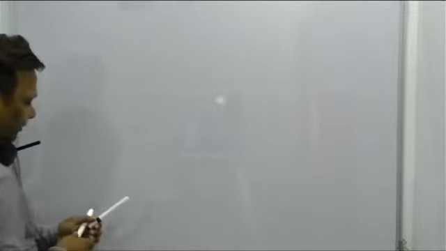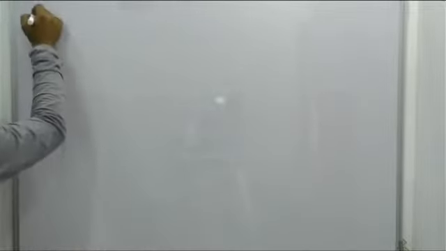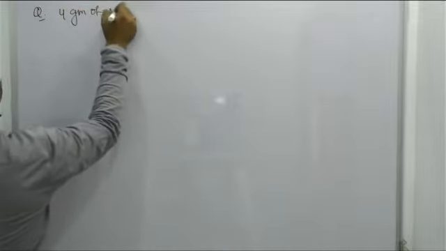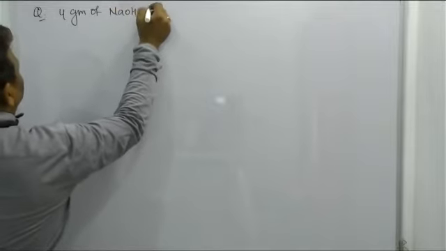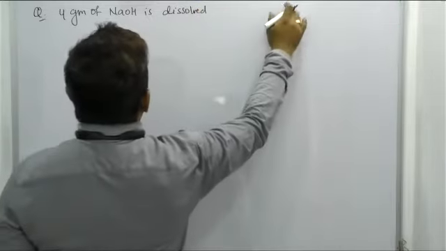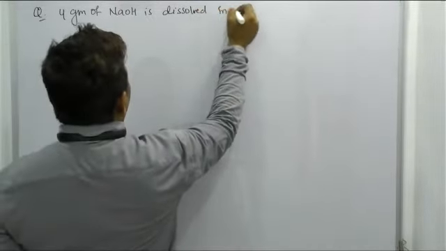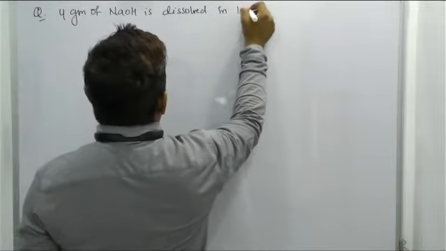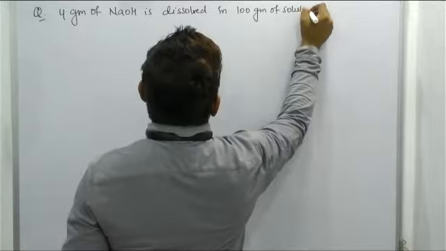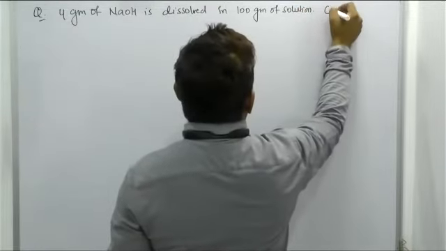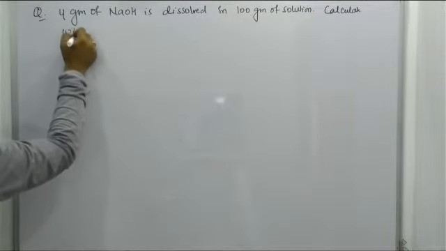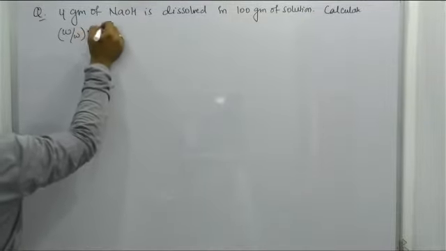One question is given here. 4 gram of NaOH is dissolved in 100 gram of solution. Calculate weight by weight percentage.